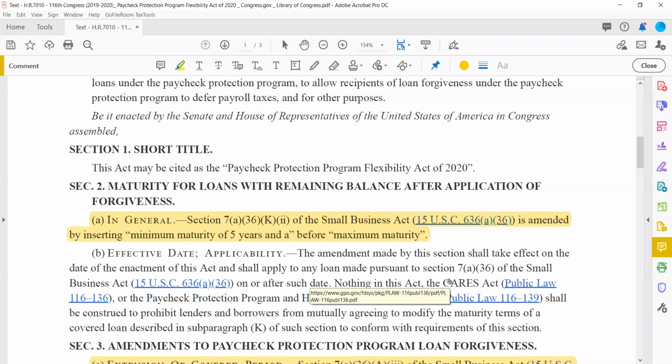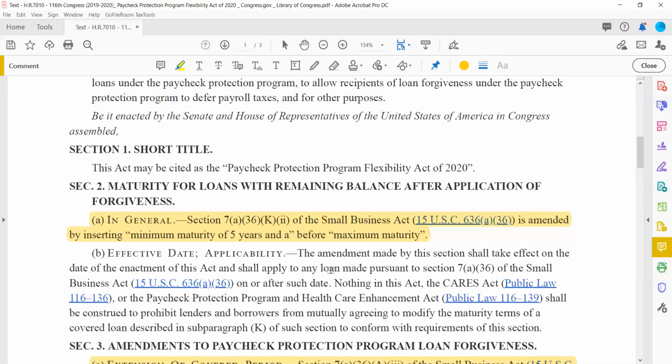But the first thing they hit us with here is that originally in the CARES Act, the PPP loan, the amount that wasn't forgiven, is an actual loan, and it has a 2-year maturity date. Yeah, 1% interest, 2-year maturity date. And they've changed the 2 years to a 5-year maturity date.